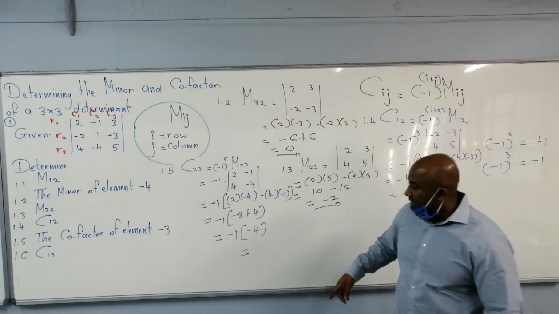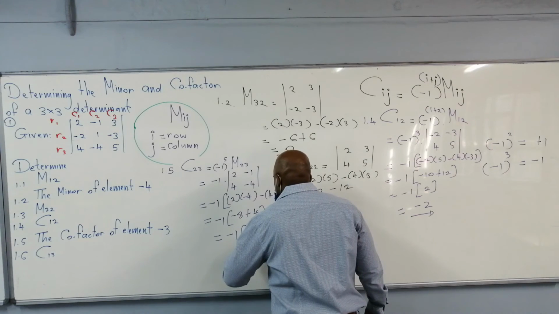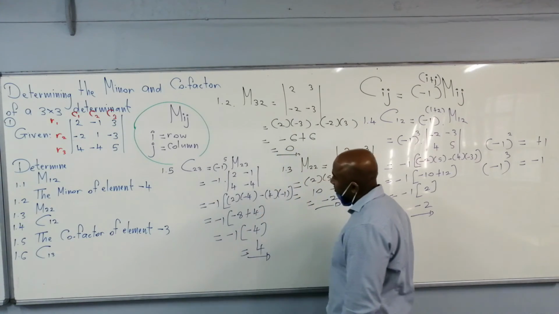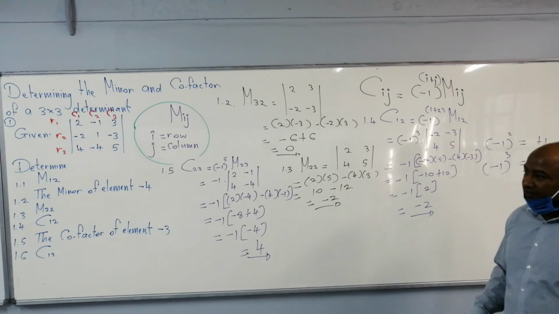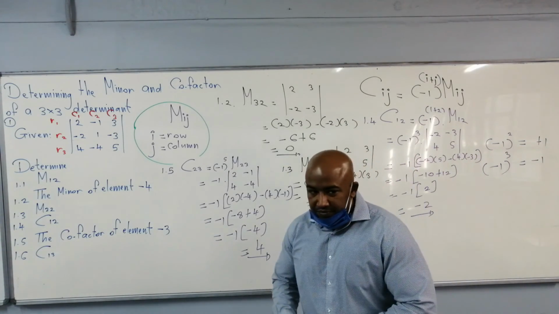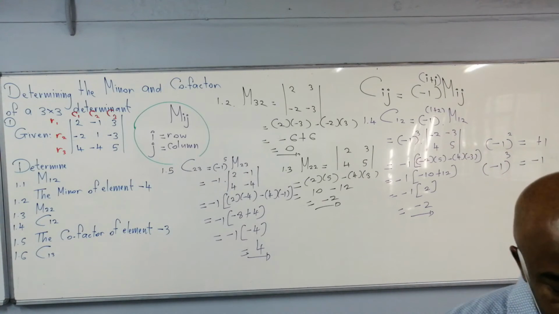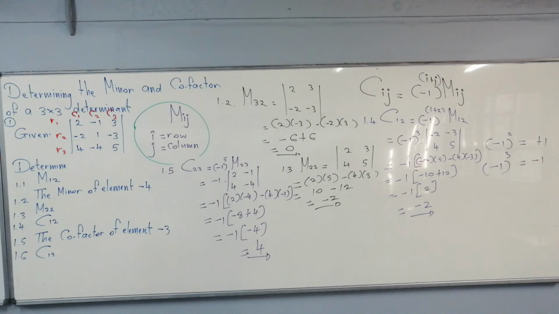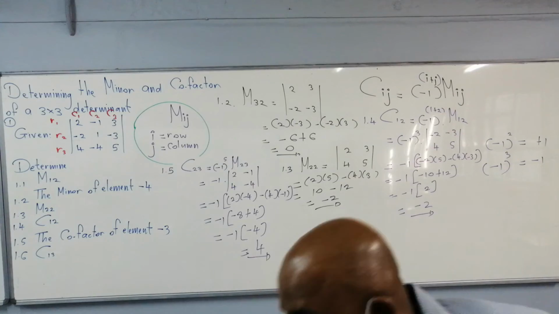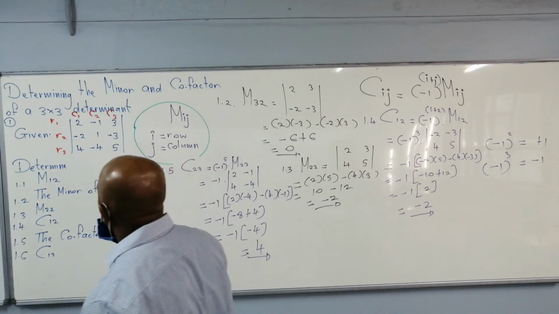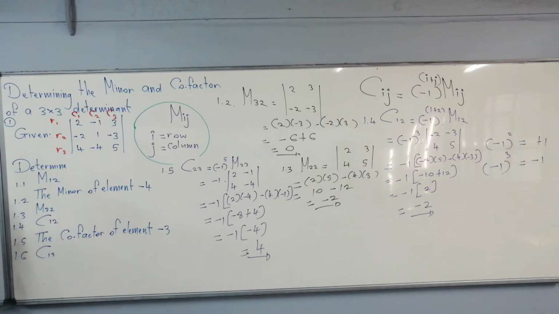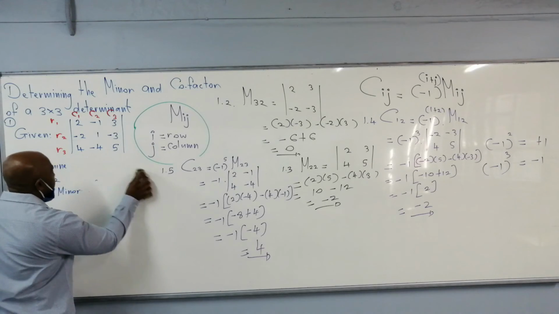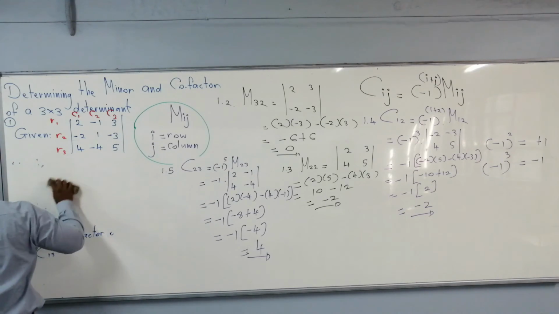And then negative times a negative, then positive 4. So that was 1.5. 1.6 you can work out. I just need to give you another instruction here which I'm going to show you, and then you're going to try it out at home.